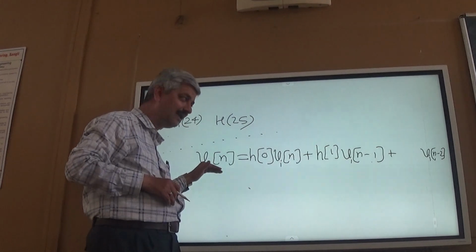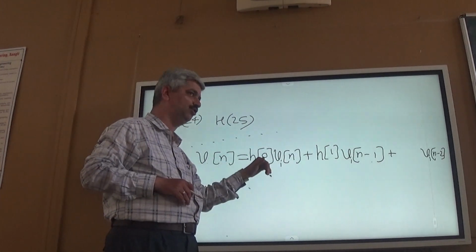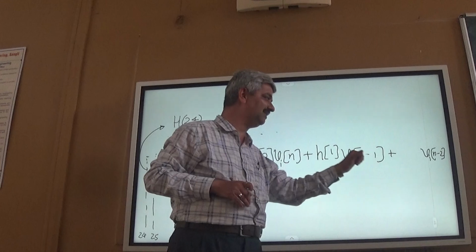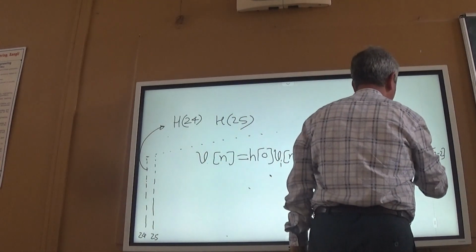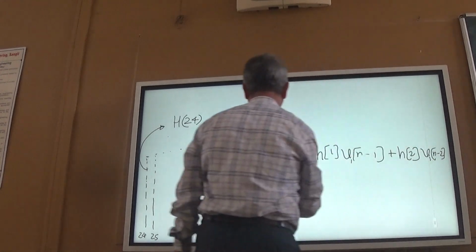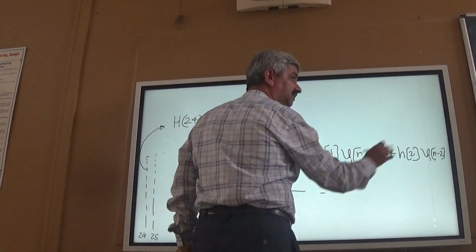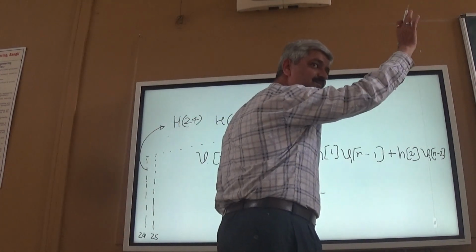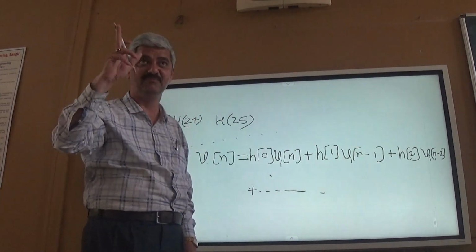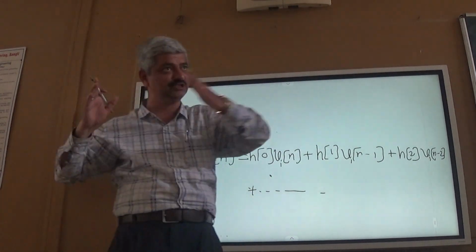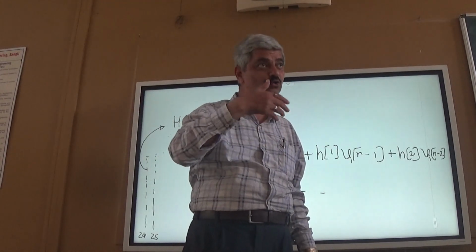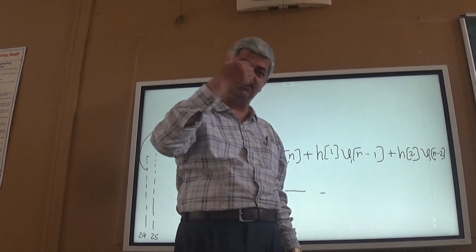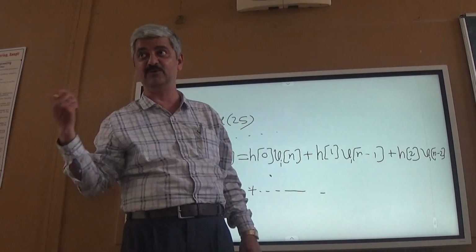While calculating V o n, V in n has H0, V in n minus 1 has H1, V in n minus 2 has H2, and this continues till infinity. So this is an infinite sum. Remember, as you proceed, it is like what you are today is because of what you received yesterday, what you received the day before yesterday.